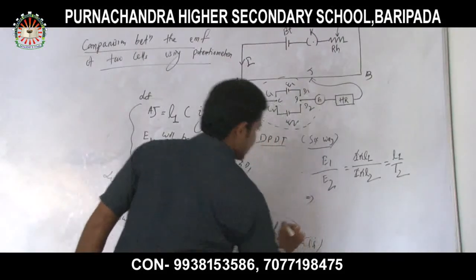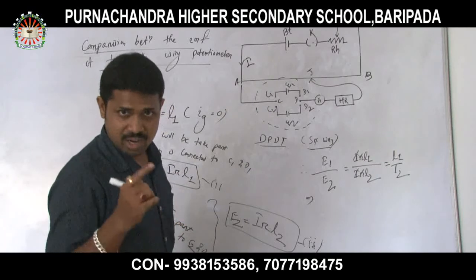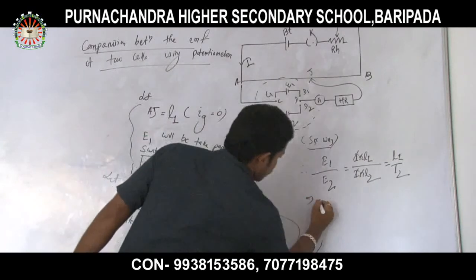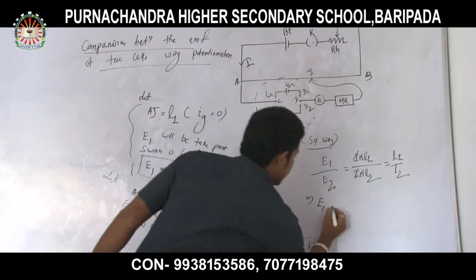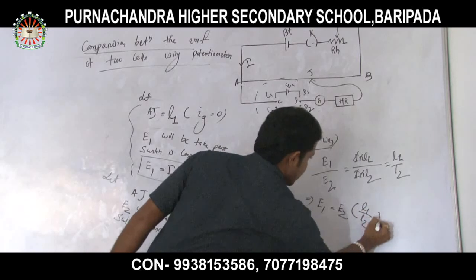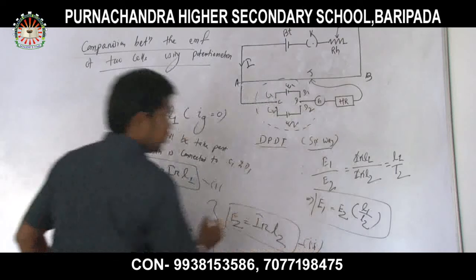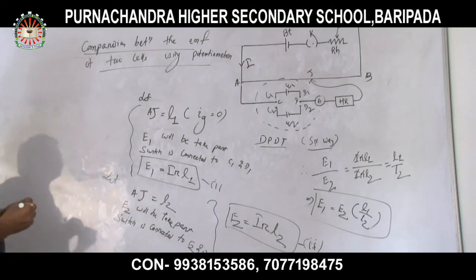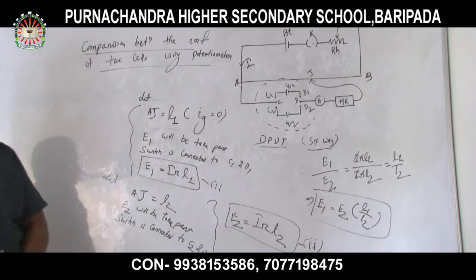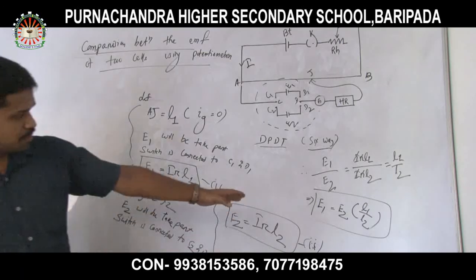Suppose from E1 and E2, E1 is unknown and E2 is known to you. I have to find out the value of E1. So E1 is equal to E2 into L1 divided by L2. Understood? In this process, we can easily find out or compare the EMF of two cells with the help of a potentiometer.